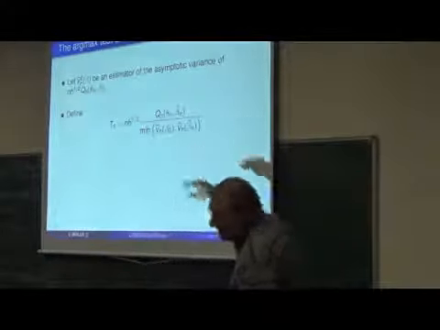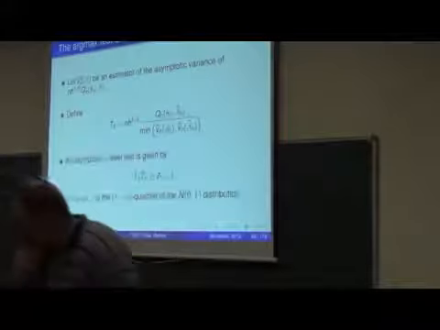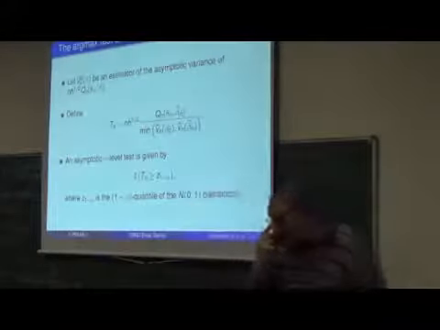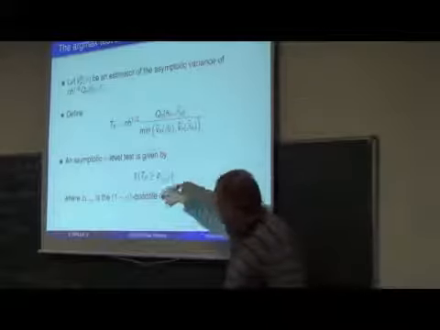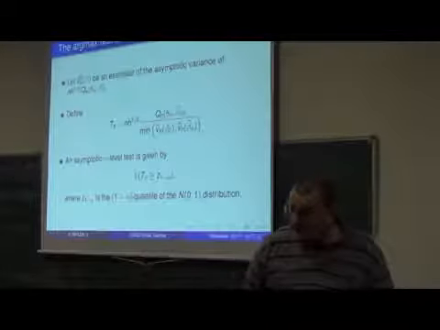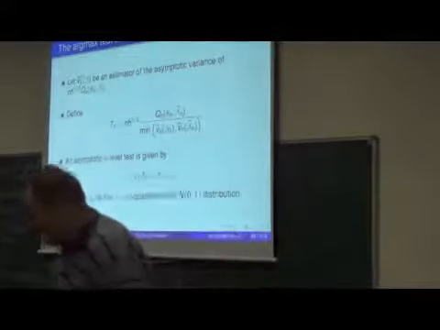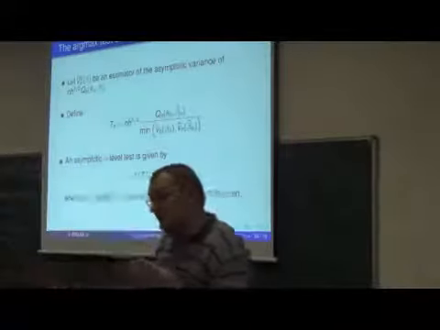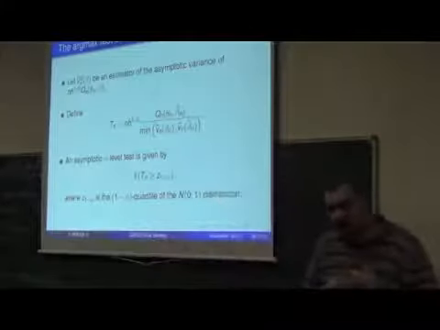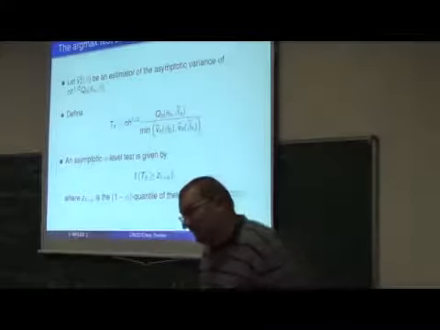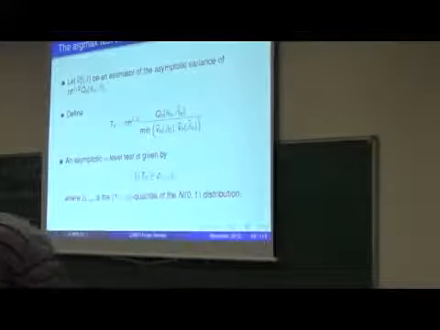Under the null hypothesis, the two standard deviation estimates will estimate the same quantity. Then the test would be: if this Tn is larger than the quantile of the normal distribution, then you reject the null hypothesis. So with this penalty trick we avoid working with the process; we just work with one direction.